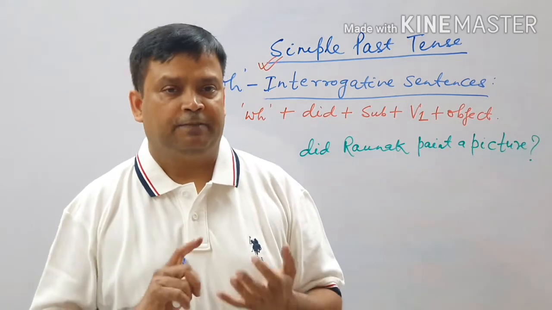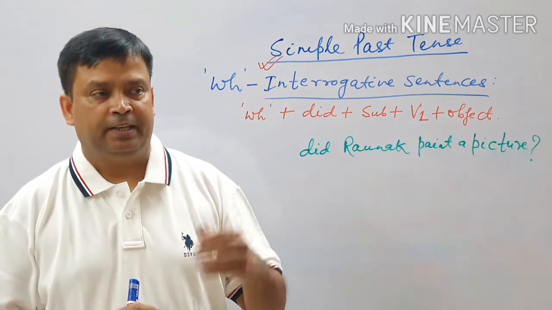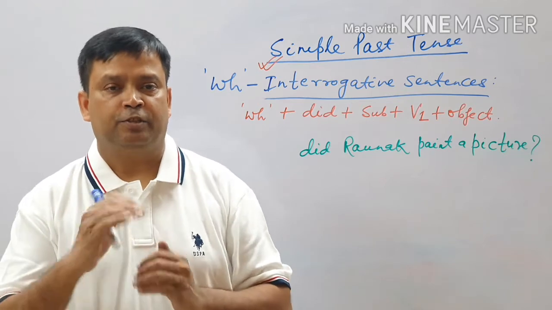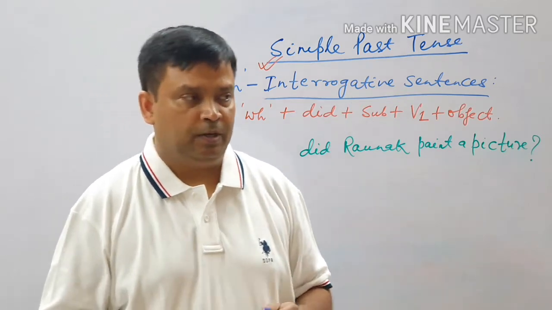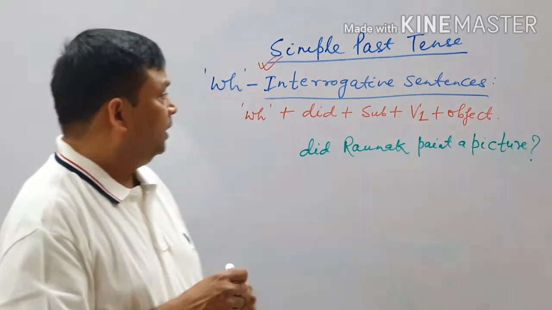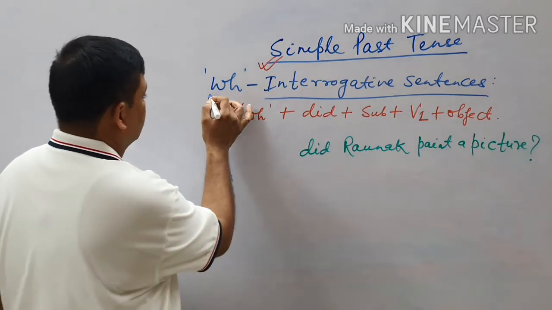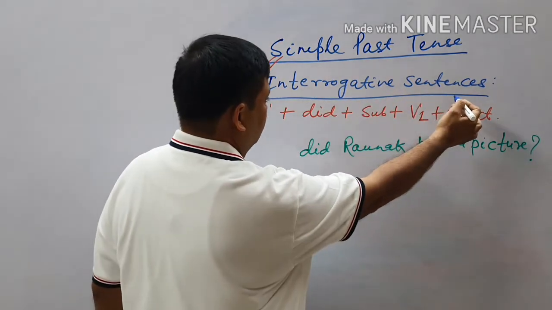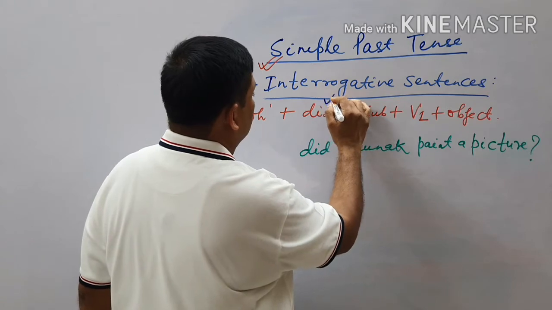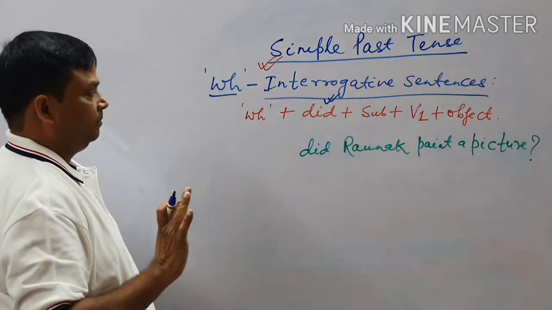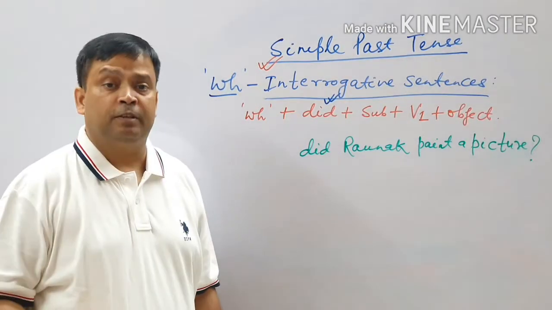I talked about affirmative, negative, interrogative, and then how to frame WH interrogative sentences. So we'll just try to find out. Look at the term WH and then interrogative sentence. That means all the rules of interrogative sentences will remain the same. So all the structure will also remain the same.